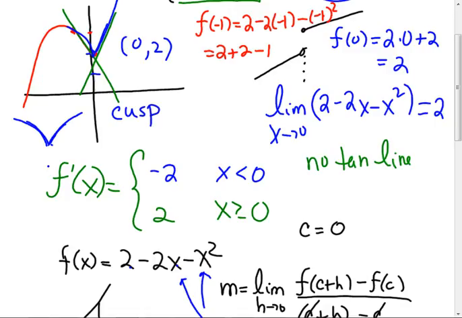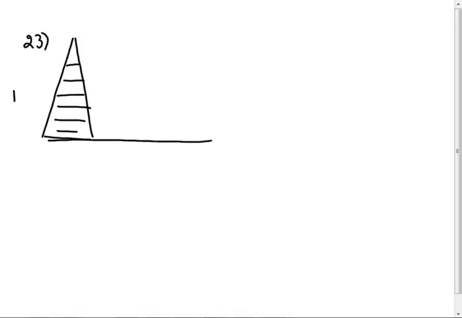Do you know how to do the physics problems? Notice the tower on 23. See if I draw a better picture. It's not great. The tower is 100 feet above the ground, and you're going to drop an object.